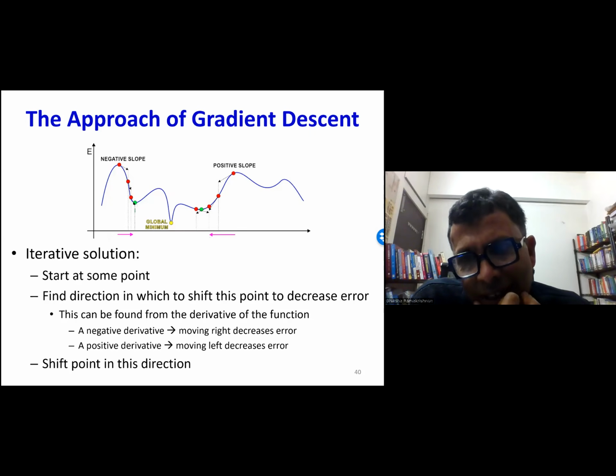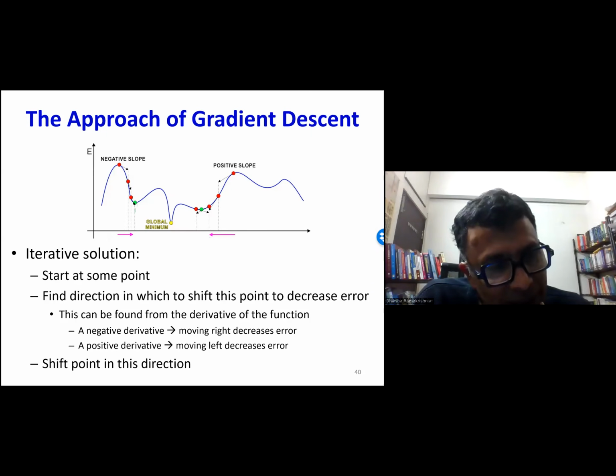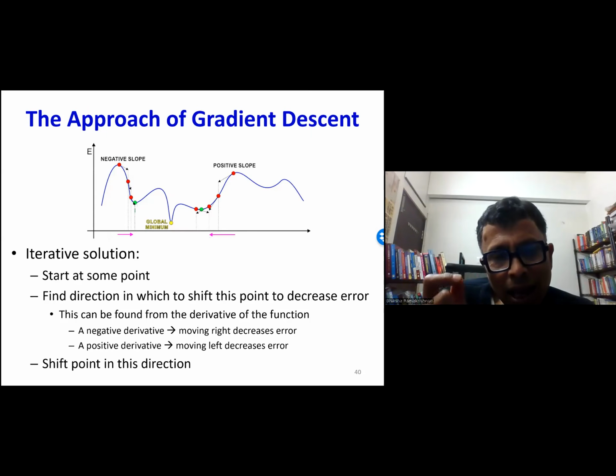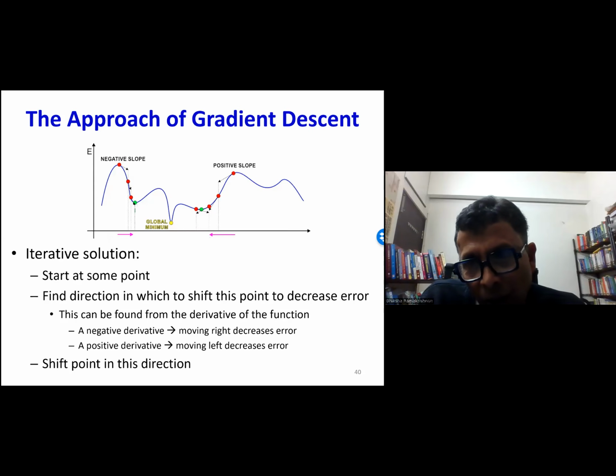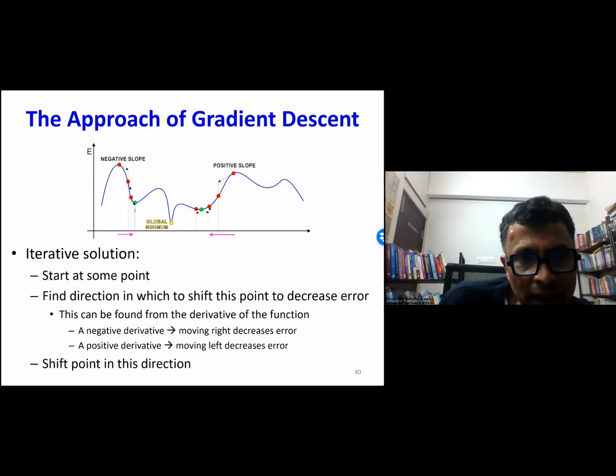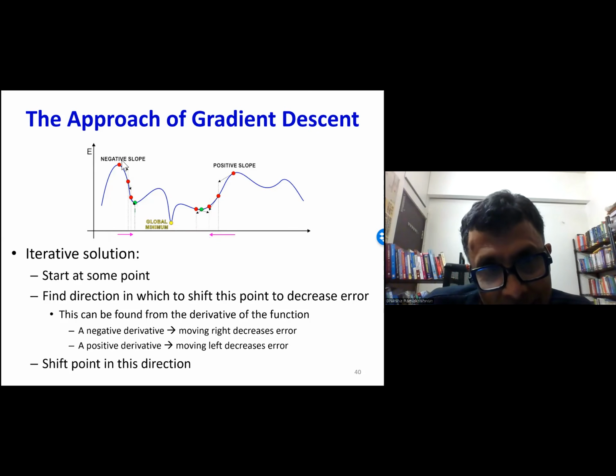It's decreasing, right? So at that x, should I be incrementing x or decrementing x? It's a decreasing function. Increasing x will decrease the function, right? So if the derivative is negative, you want to increase x. You want to take a step in the positive direction.